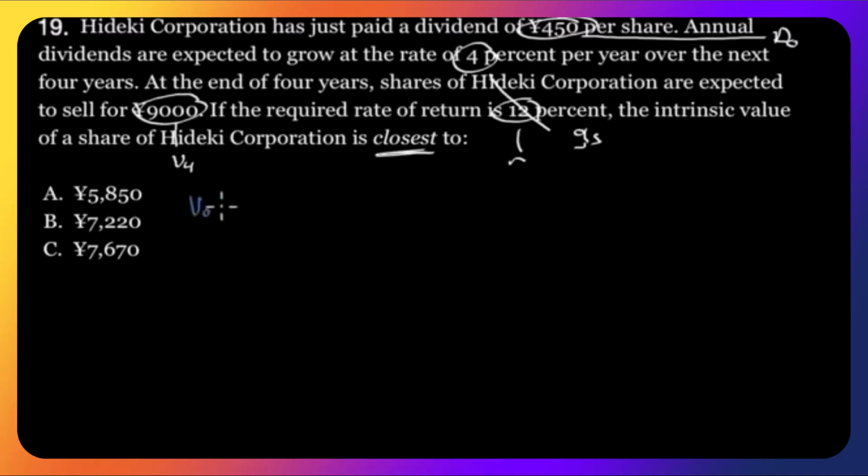So V0 will equal, how long is it? 4 years of discounting this dividend. So my first year will be 450.